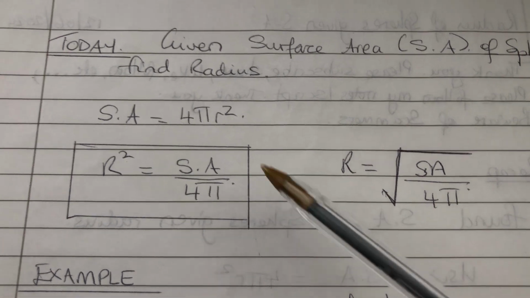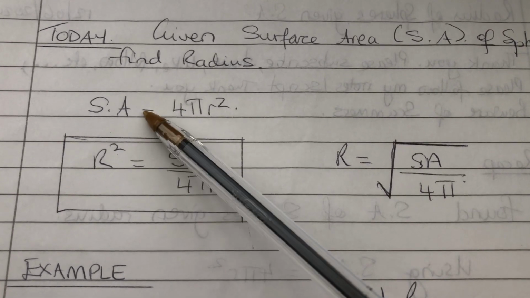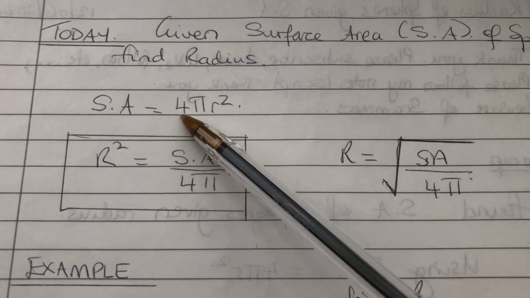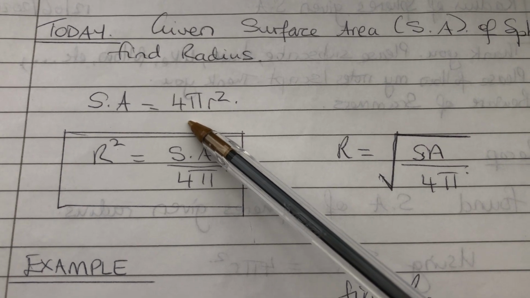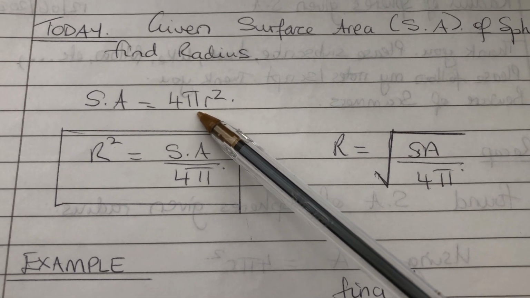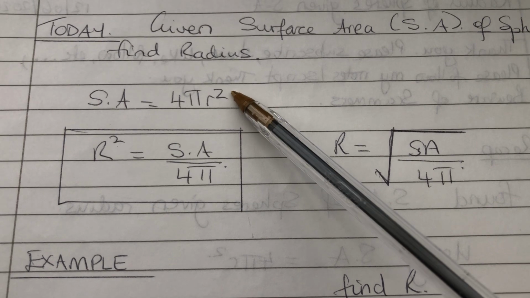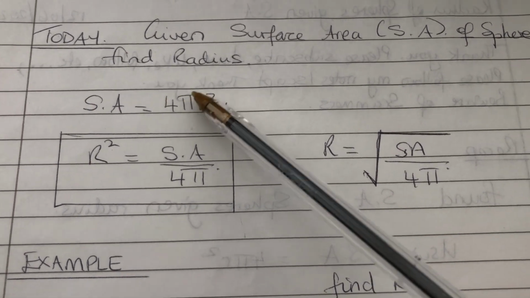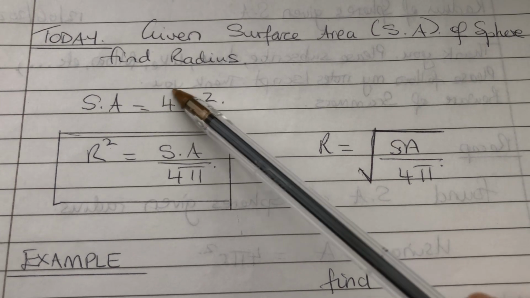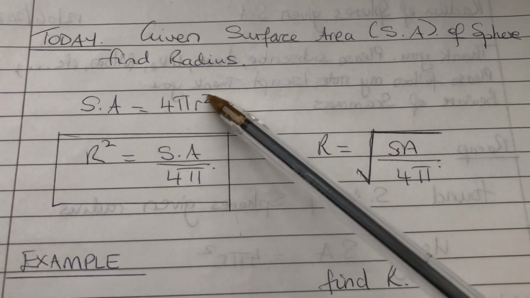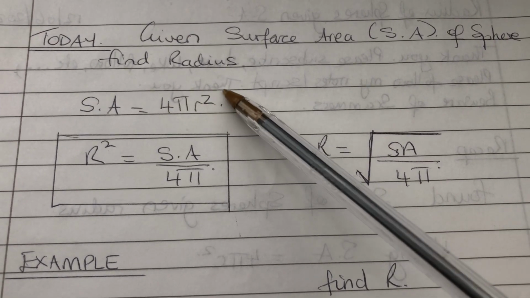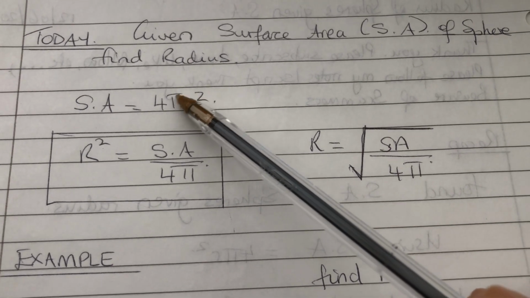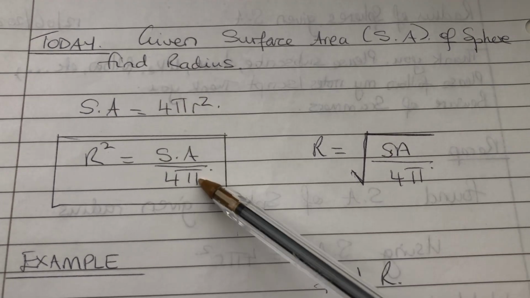The formula for the surface area is 4 pi r squared. So to make r squared the subject, we need to divide both sides by 4 pi.